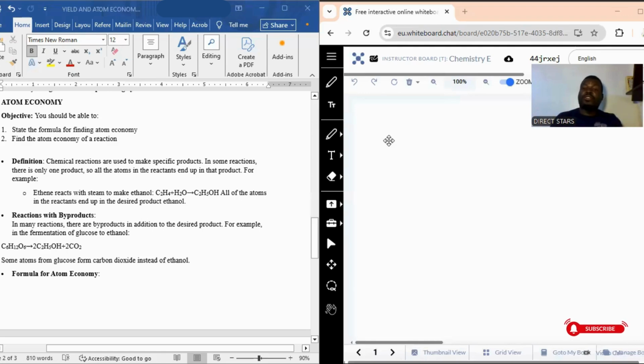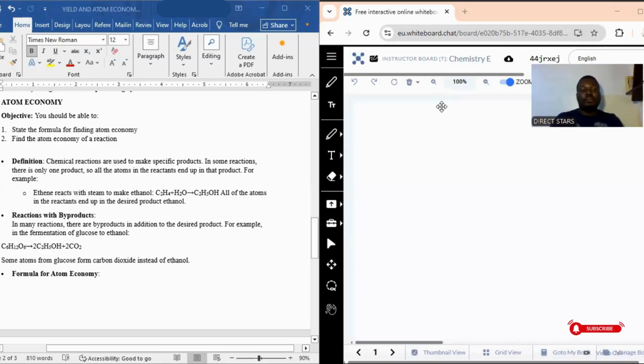A good example of such a reaction is when you react steam with ethene, you get ethanol. That is the only product you get from that reaction. So what this implies is all the reactant ends up in the desired product.